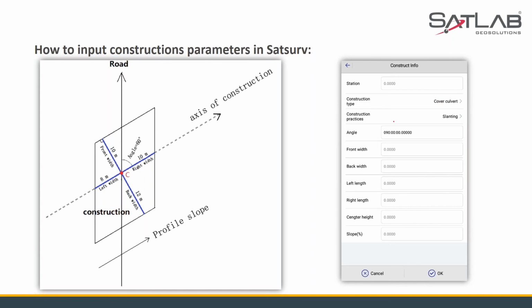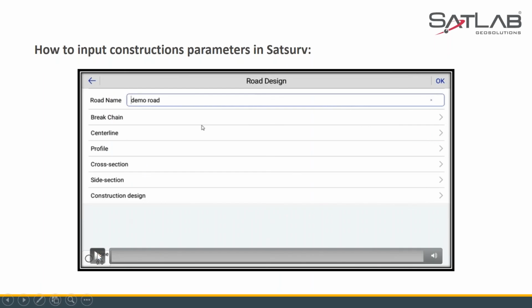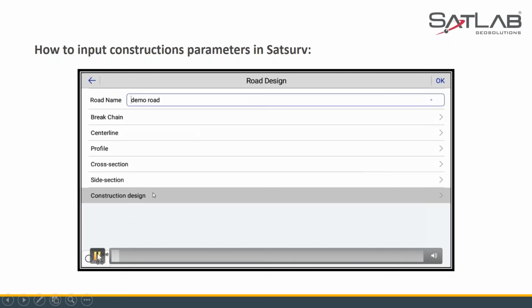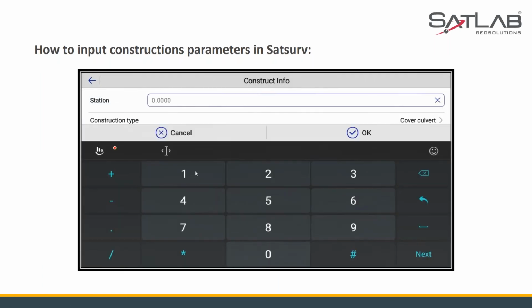We have a quick video for that. Go to the construction design at station 100. I'm saying I have a circular culvert, and I can go for the slanting one or the straight one. I'm having a slanting one at station 100, that means at road distance, RD.